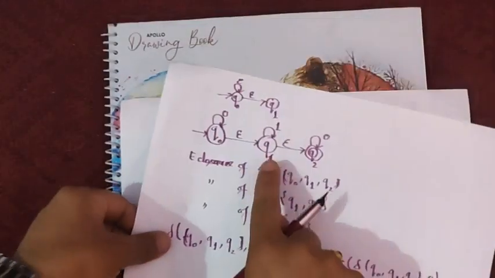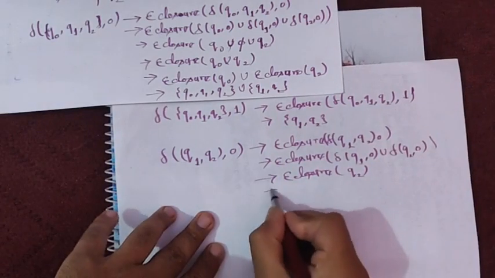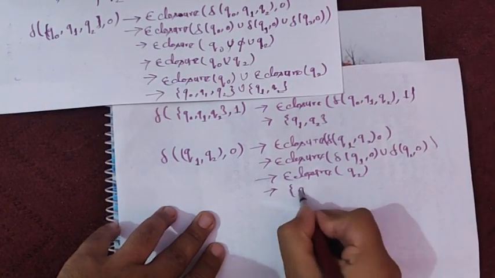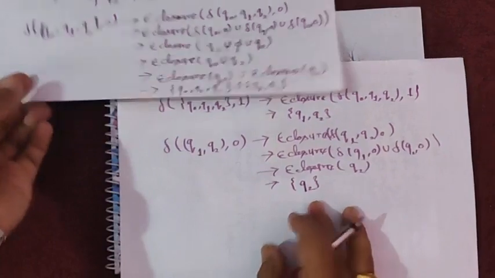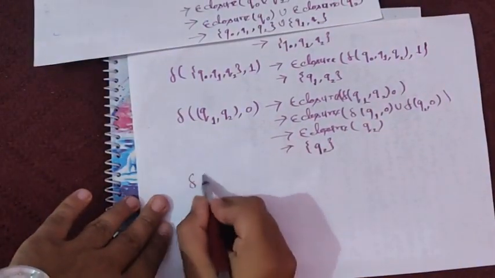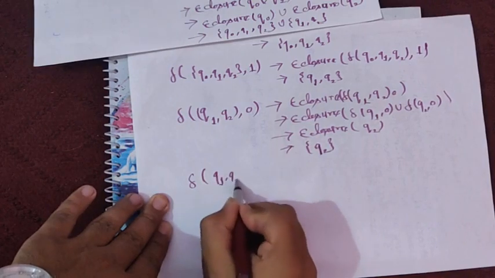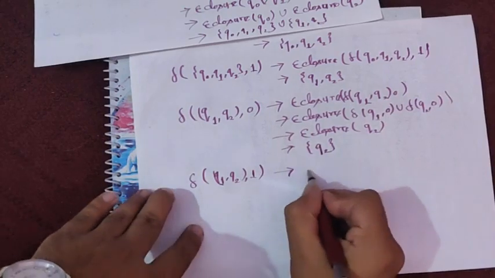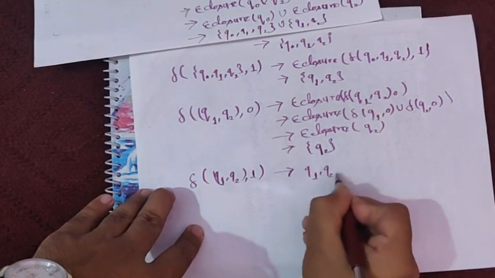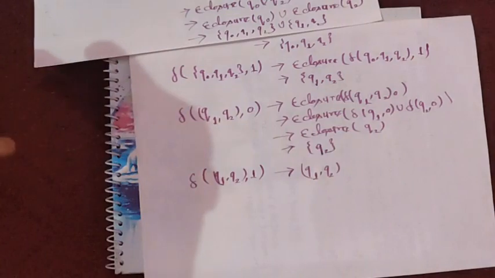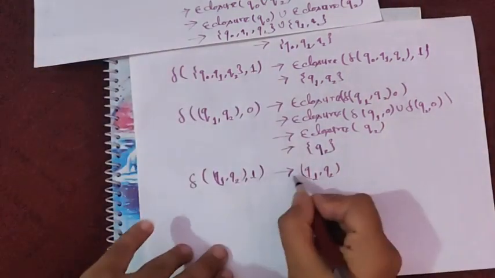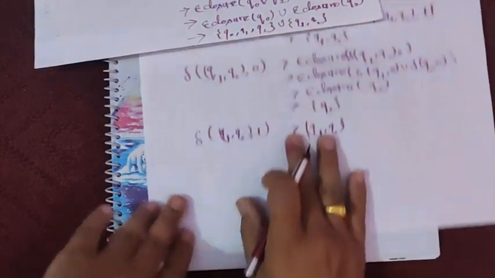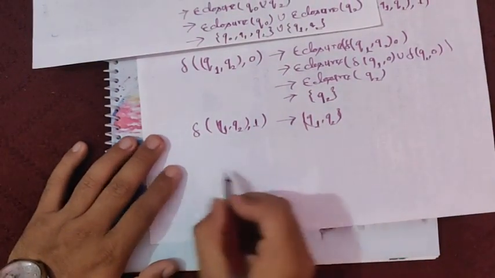When 0 is inputted to q1, it gives phi, and q2 gives q2 itself, as we calculated previously. So it gives q2. Now let us input 1 to {q1, q2}, and it gives {q1, q2} itself, so we do not get any new state. So this is the termination.